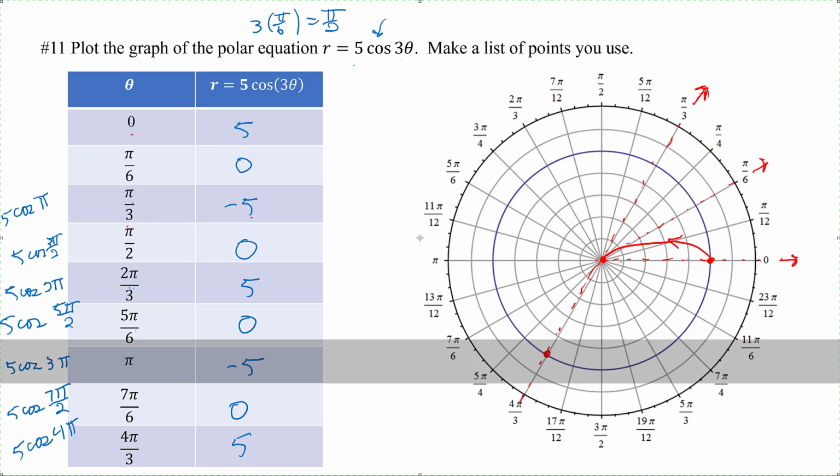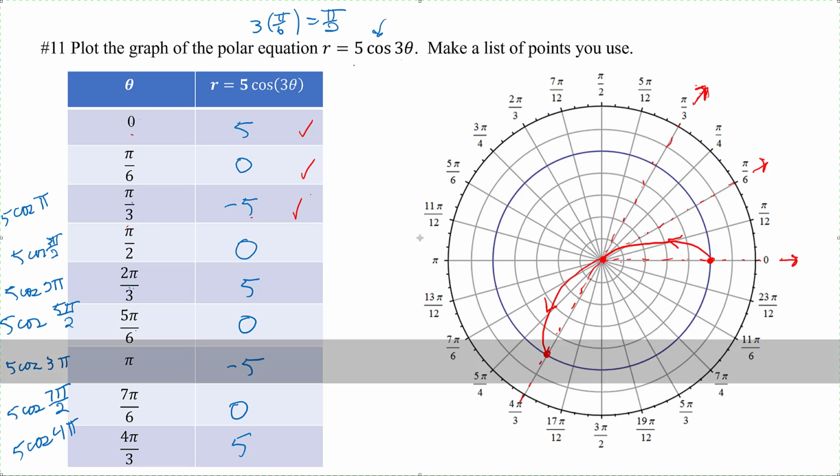Positive pi thirds goes up, so if we were going positive 5, we'd go in the positive direction. Instead, we're going in the negative direction. And so following along with our graph, we're going to be going this way. And so maybe I'll check these off as we go.